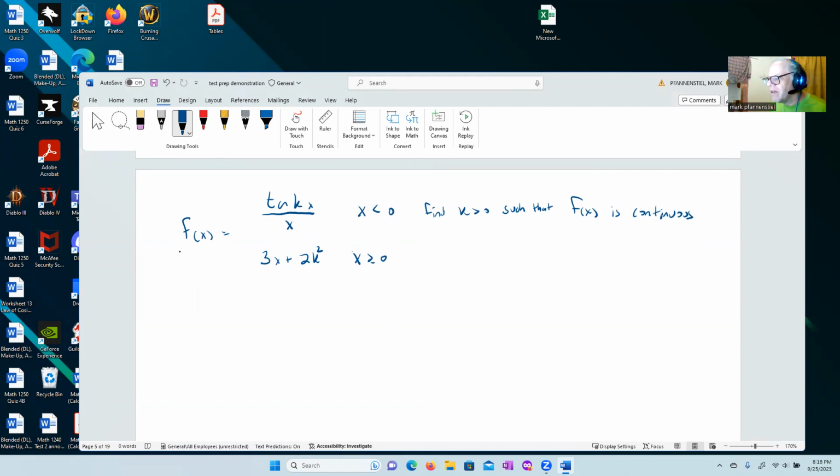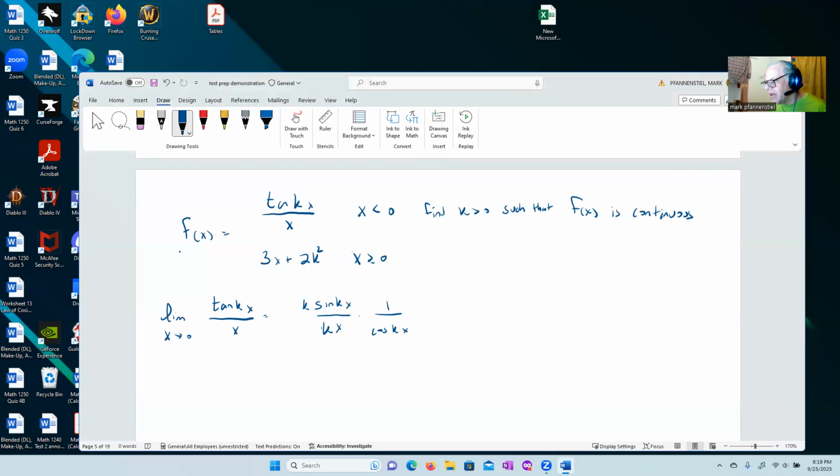So here we are. We have the limit as x goes to 0 of tangent kx all over x. So this is going to be sine of kx over x times 1 over cosine of kx. And what we're going to have to do here is multiply top and bottom by k.